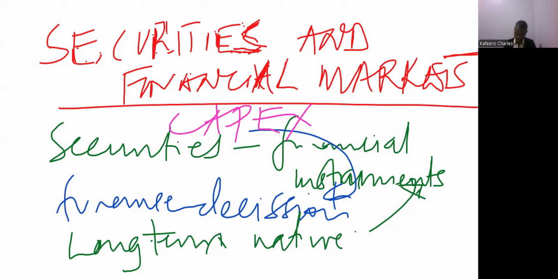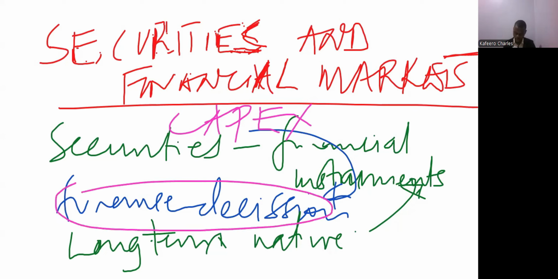So after looking at the finance decision, we shall finalize with what we call the financial markets, because we need to first look at the sources of finance themselves, then see where we can find these sources of finance, and those are the financial markets. So we want to see some of the areas where the examiners examined some of these topics.